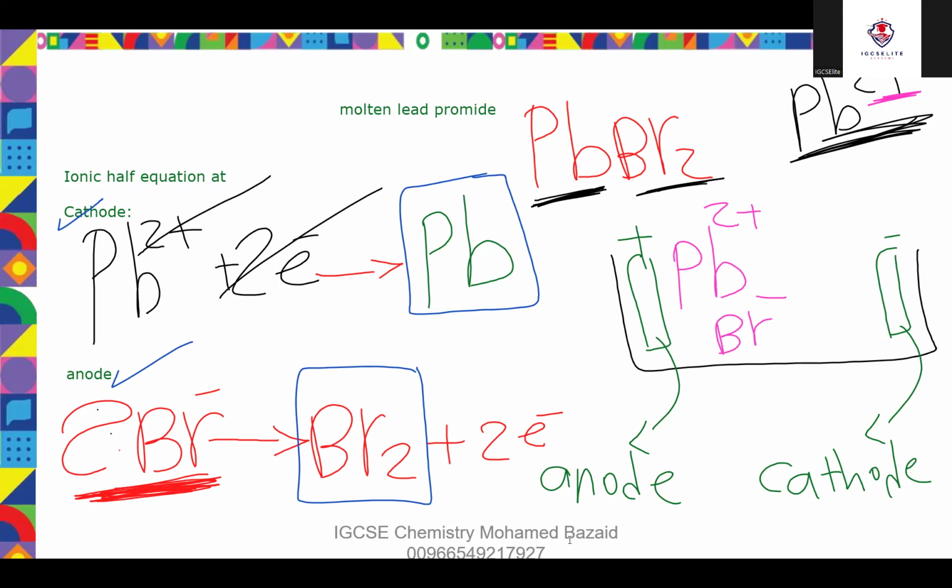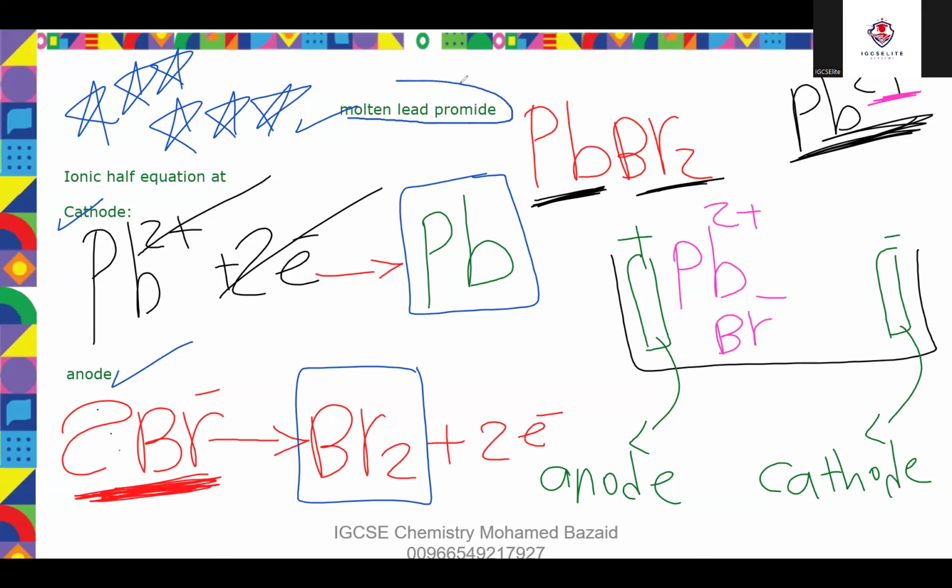You can take a picture of this slide if you want. This is electrolysis of molten lead bromide. It is a very, very important example. Why? Because this example is in your syllabus from the board, the examiner said students must be able to write ionic half equations for electrolysis of molten lead bromide.